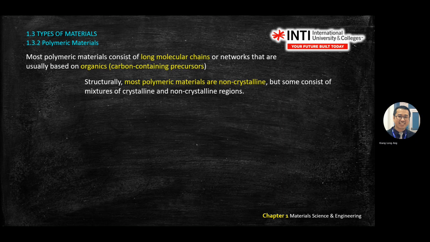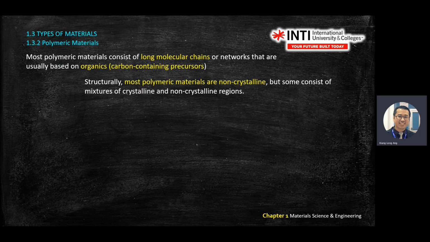Okay. So basically, polymer or polymeric means it's a long chain. They have a long chain structure. And most of these materials are non-crystalline. Means although they have a long chain, sometimes there is no sequence.